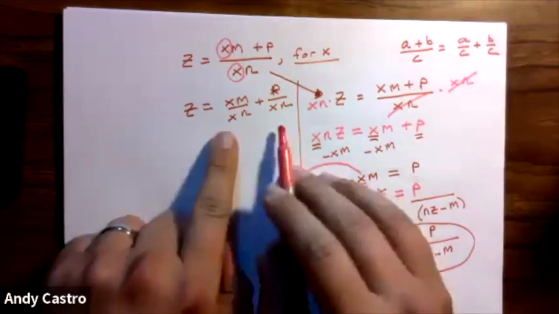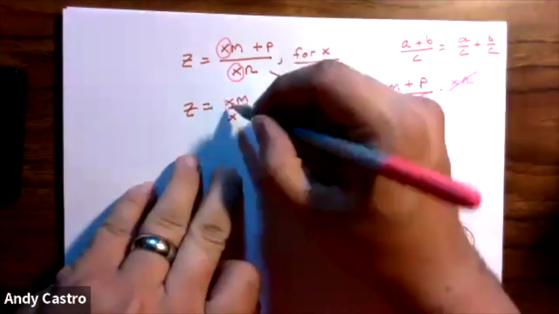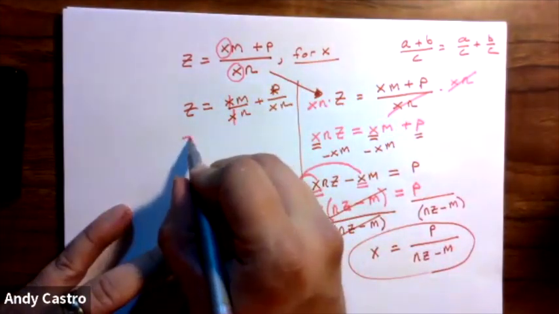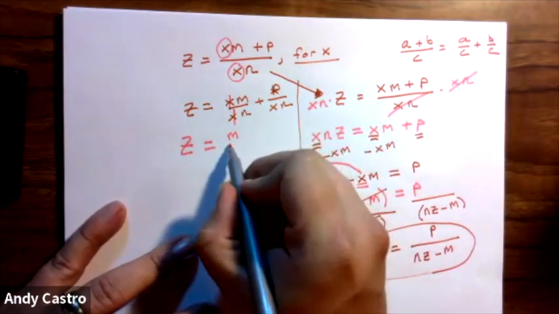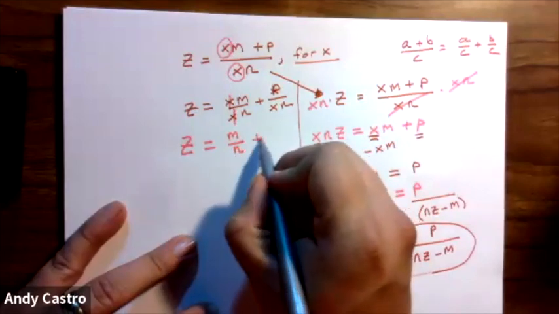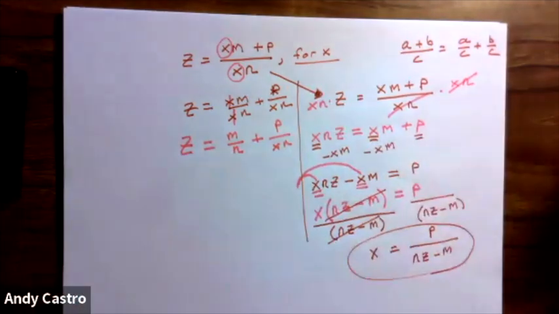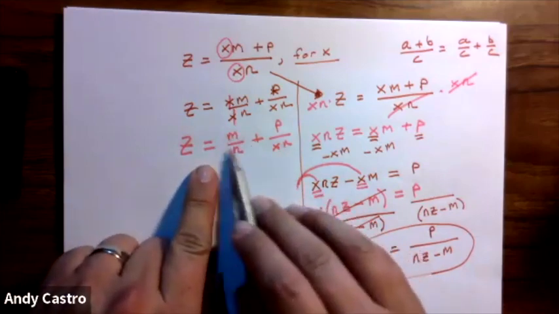All right, so let me show you what happens over here. Here, x and x cancel, okay? And I'm left with z is equal to m divided by n plus p divided by xn. Now I've got x here in the denominator, and I've got another term here without x.